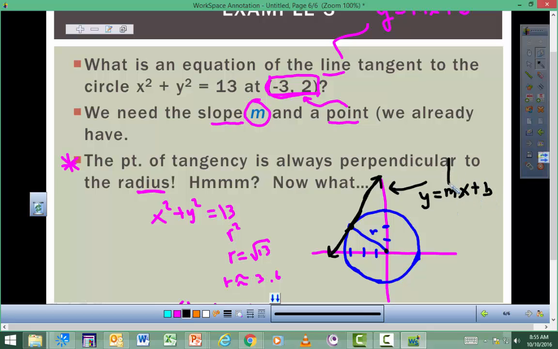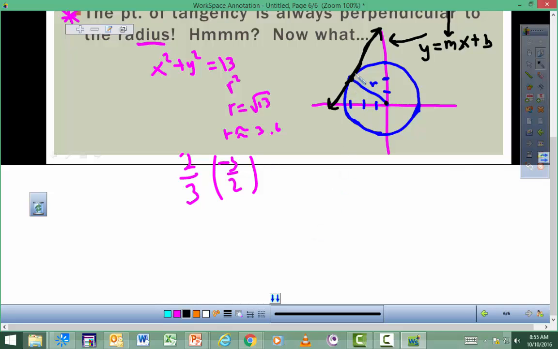So what we're after is the slope. That's the first thing we're after. How do we get that slope? Well, if you take a look, this is where it's perpendicular. It's perpendicular. So my slope number 1 I can get from the radius. You see, because I went over this way, I went up this way.